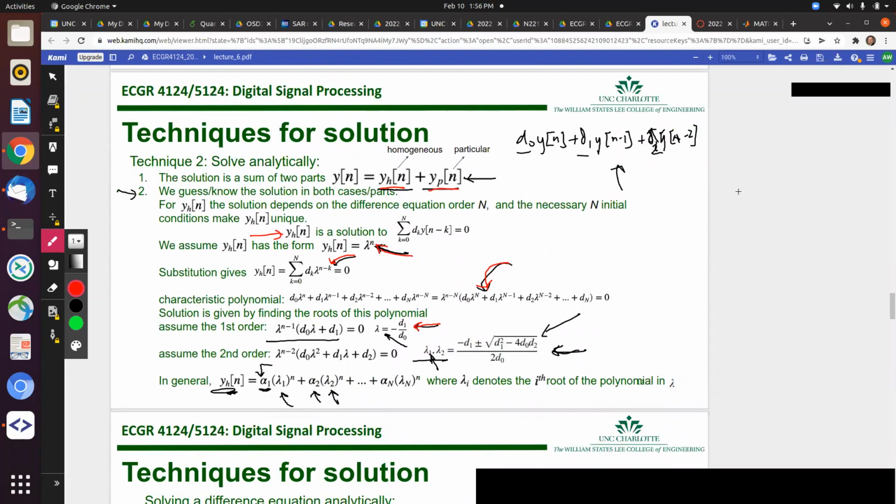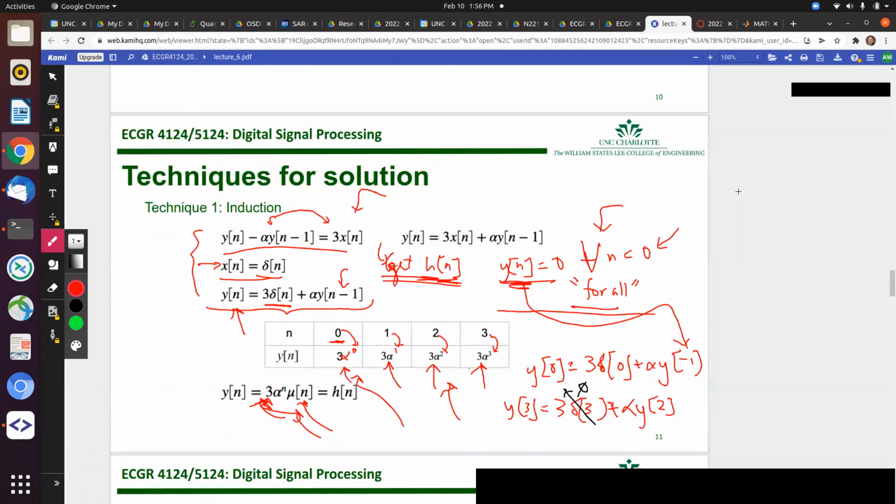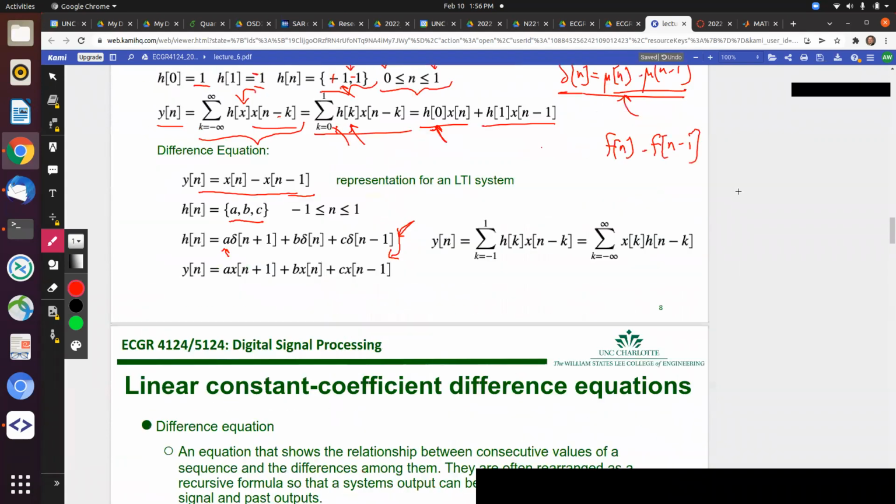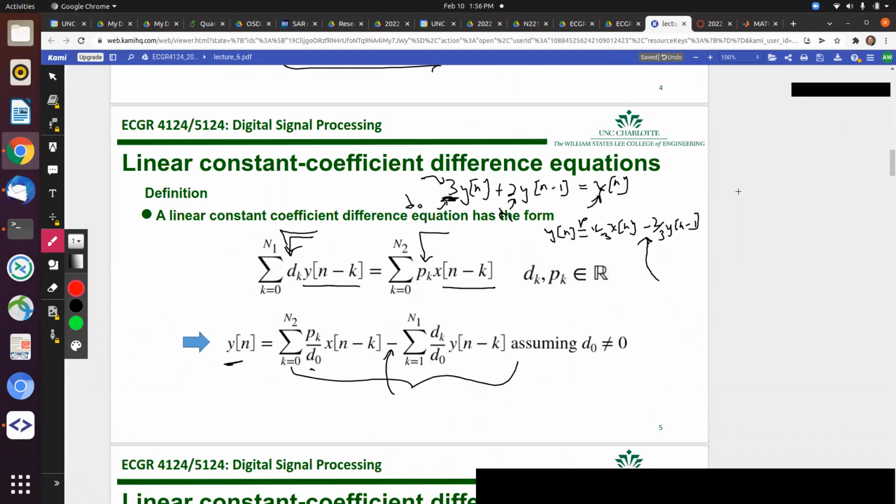By the way, step 2 is calculating the homogeneous response. And I made a claim that the homogeneous response is in fact the impulse response. So in this case, what is the value of D0 and D1? This would be D0 and this would be D1, right? Remember where these D's are coming from. We're going back to the equation in the very beginning, where the D's are the coefficients of the Y's.